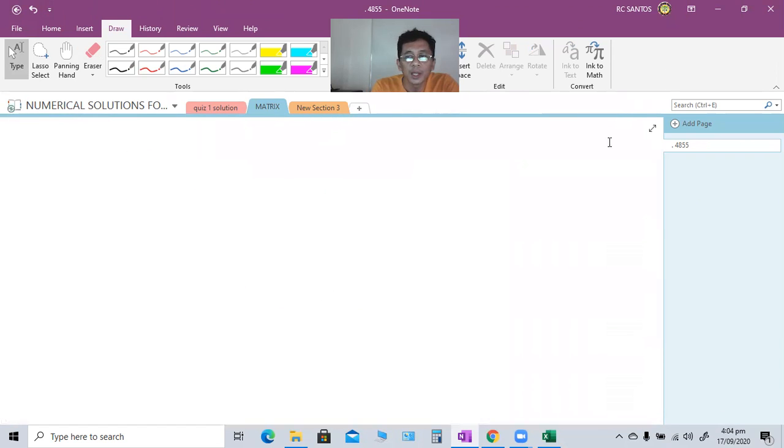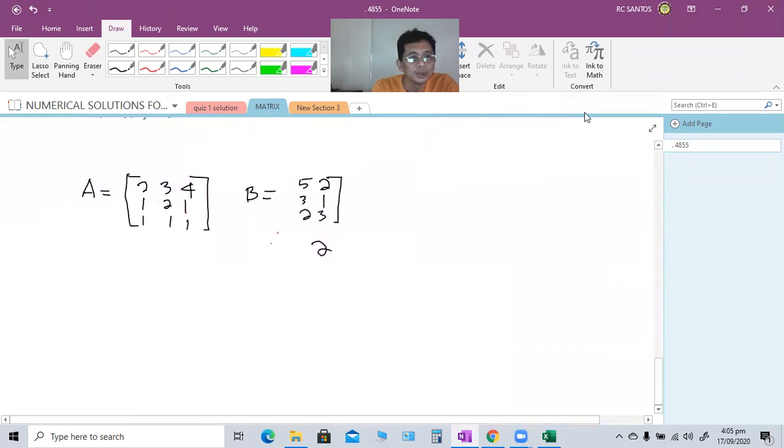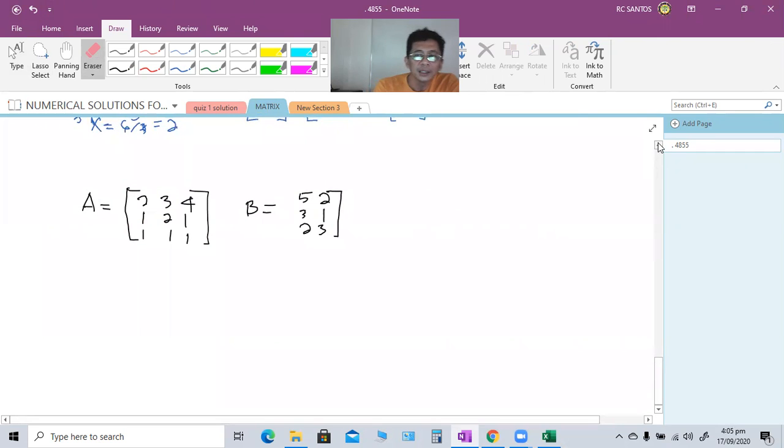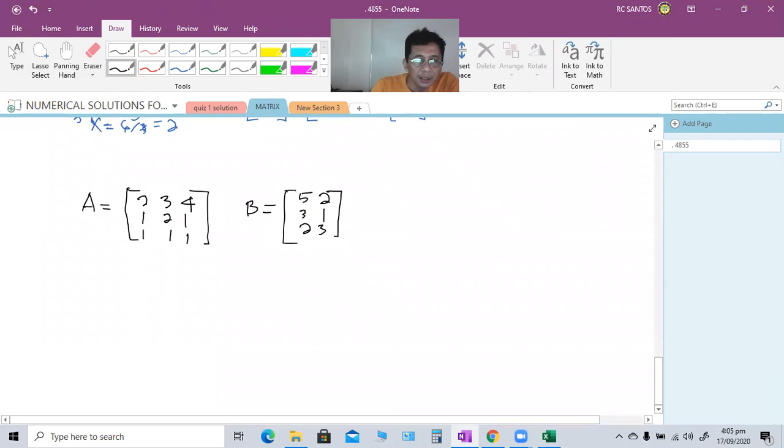So we will multiply these two matrices. Yung procedure niya, mayroong procedure kasi. Now, as I have said, before multiplying the matrices, be sure that they are conformable.